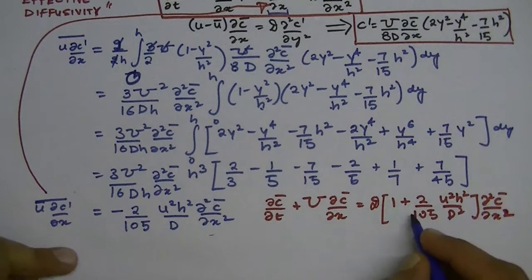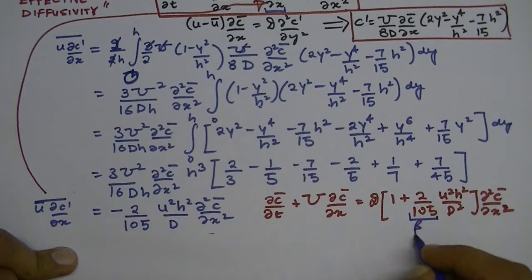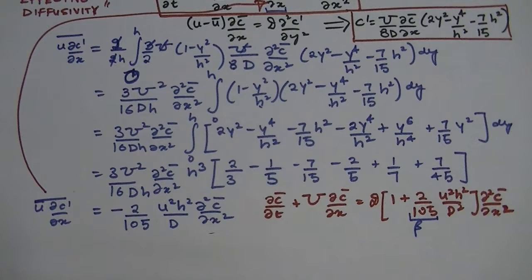So this is the parameter beta that we were talking about in the previous lecture.